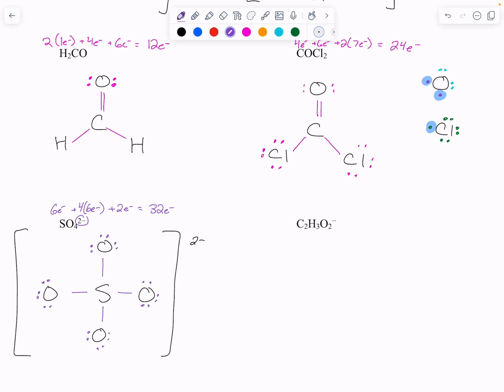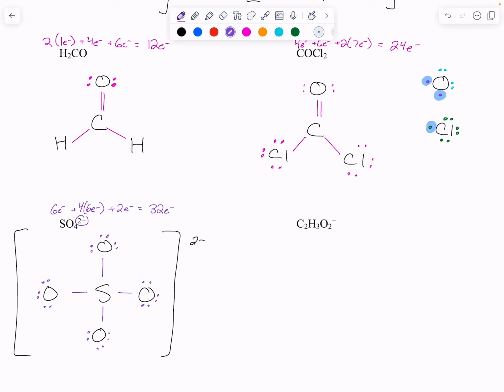Is that okay? Well, I think so. Each oxygen has 8. Sulfur has 8. Now, later on, we might change this a little bit. But right now, the octets are full, and we're happy. And it's a valid Lewis structure, so we're going to keep it.